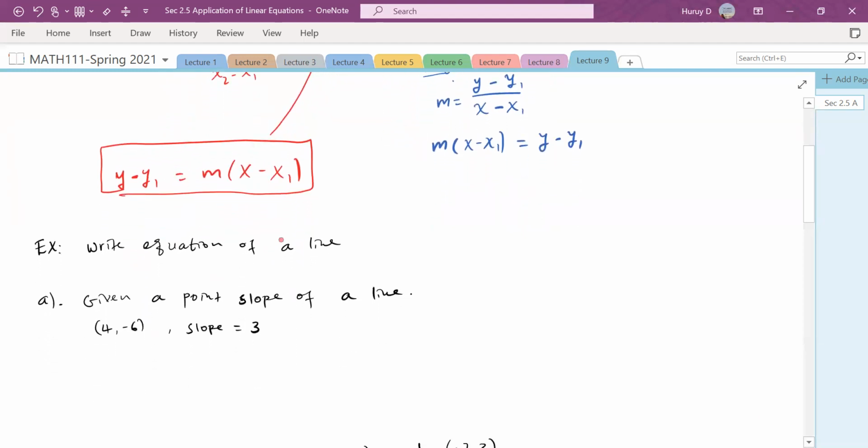Suppose we are given a point that lies on the line.